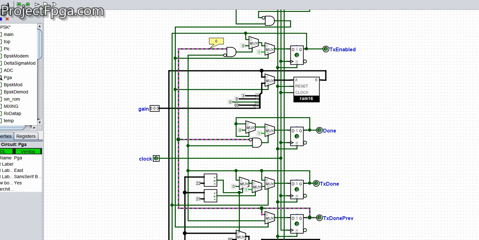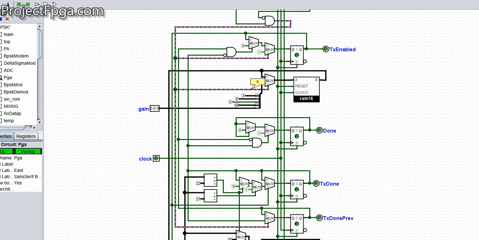Sorry, it is a splitter. Here is just 0 0. All these places are not needed. This is the main gain that comes in here, and it's only going to set when this is on. Let me highlight this.